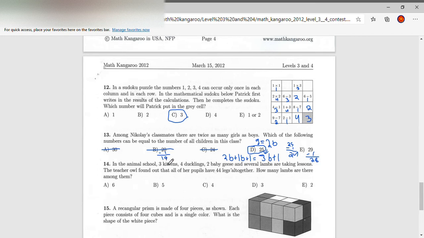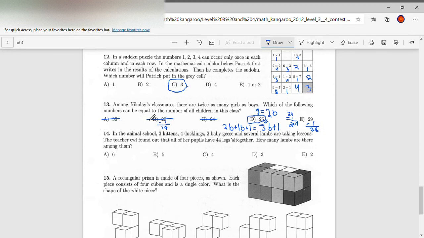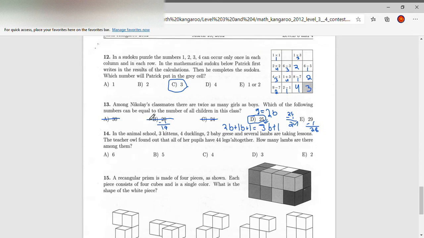Now, on to 14. In the animal school, 3 kittens, 4 ducklings, 2 baby geese, and several lambs are taking lessons. The teacher owl found out that all her pupils have 44 legs altogether. How many lambs are there among them? Let's calculate how many legs the animals at the school have at the moment, minus the lambs.